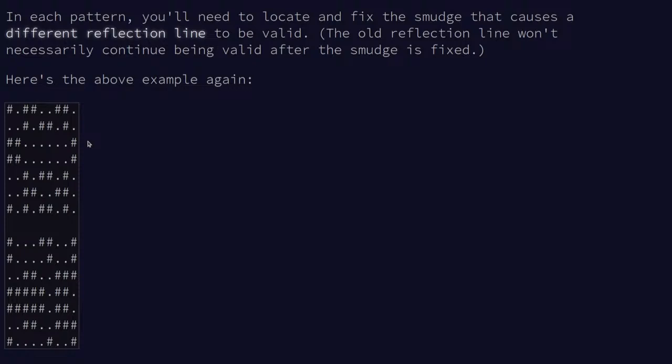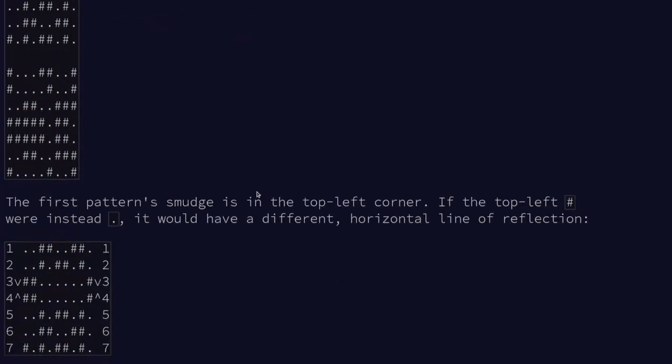How is that not counted? This can be made dot, and the entire this would have become a mirror for this row. How is that not considered?